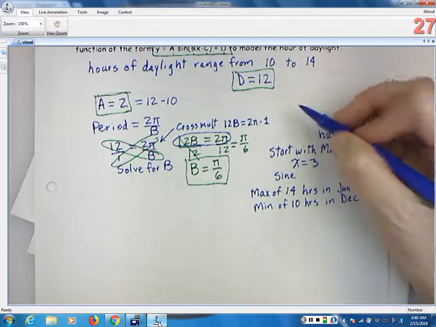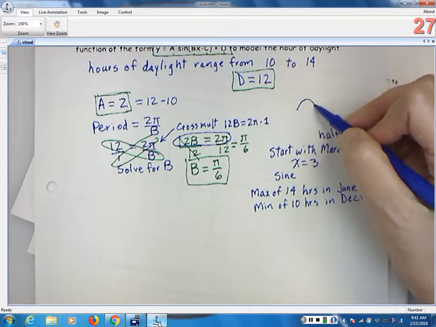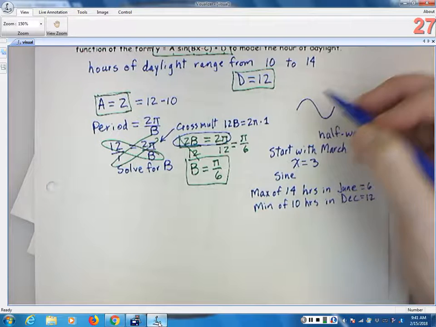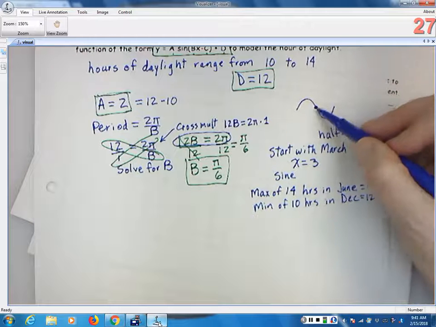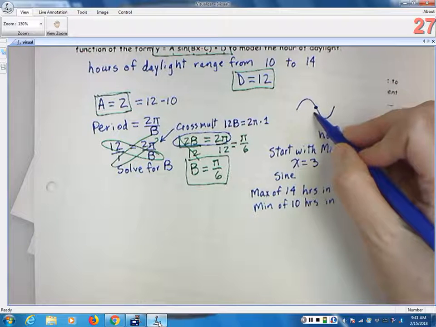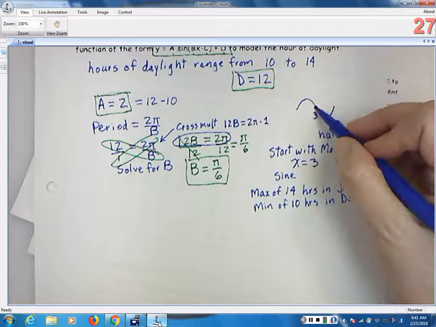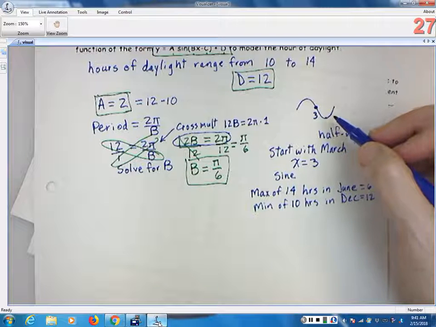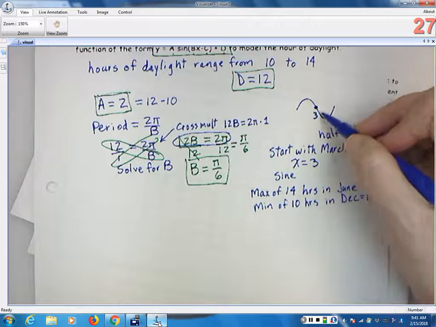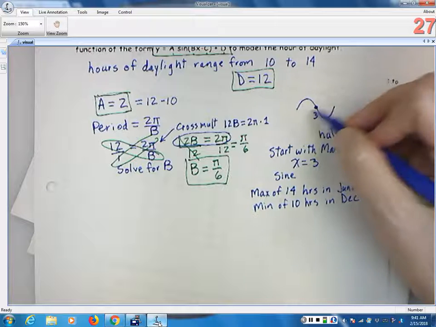And it's the sine function, so it's looking like this. So we gotta start here at x equals 3, go to a minimum here. Oh, wait a minute. We have a max in June, sorry.